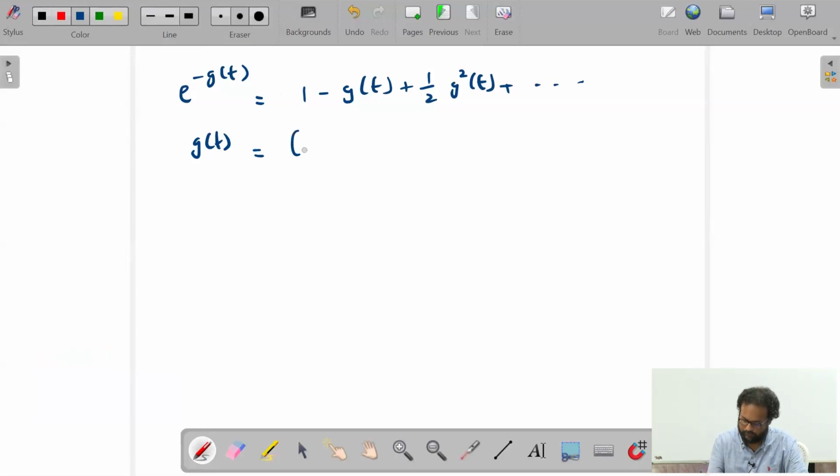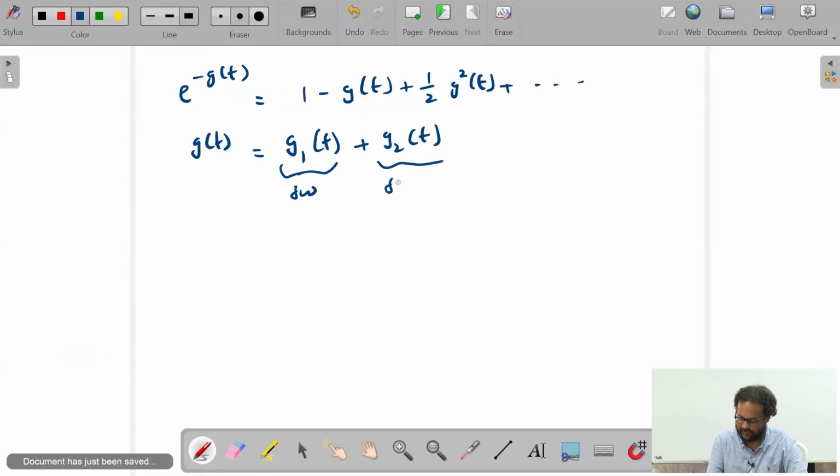So it's g1 of t, which goes as delta omega, plus g2 of t, which goes as delta omega squared, plus so on and so forth.